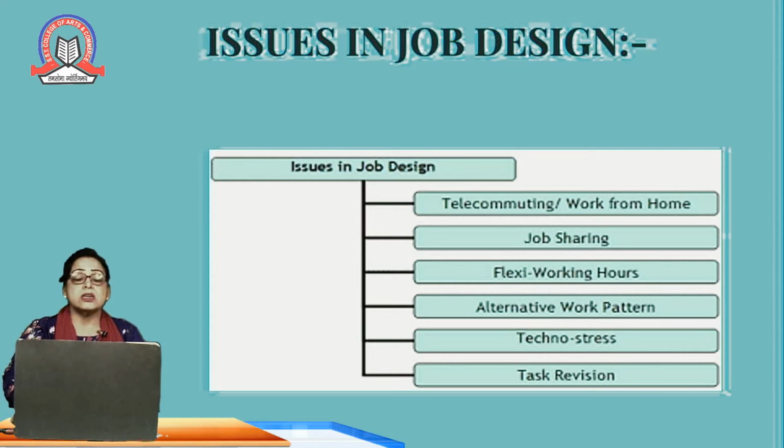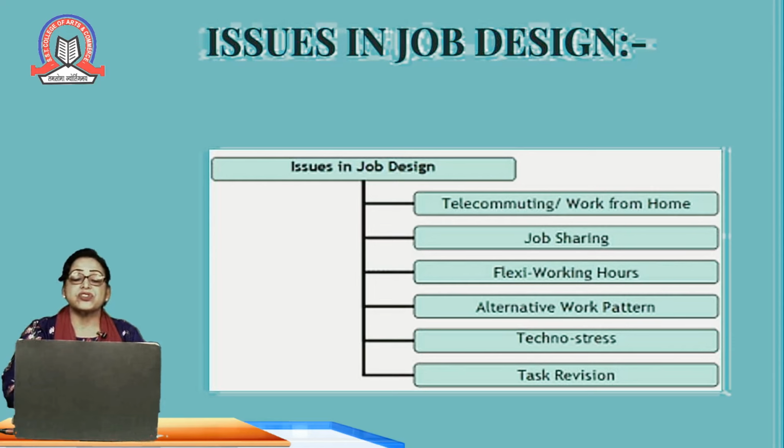Flexible working hours, it is also a problem. People would wish to, mainly female, they request or they are being allowed to work as per their flexible working hours or as per their availability after taking care of their home and children. Alternative work pattern, there may be alternative work patterns to be offered, but it may be an issue in job designing.